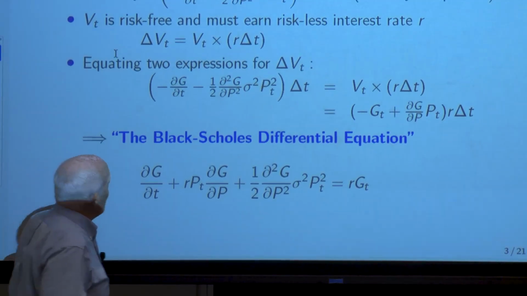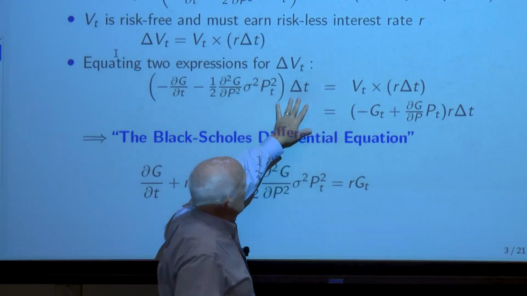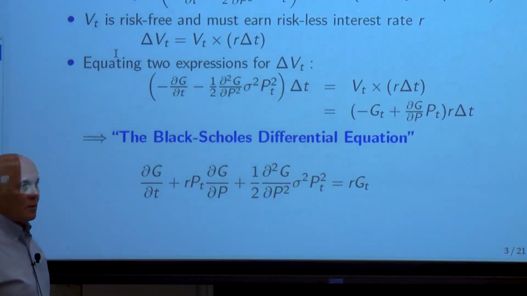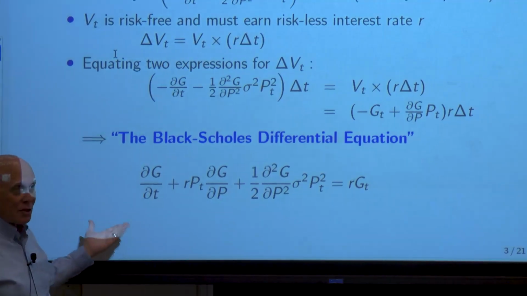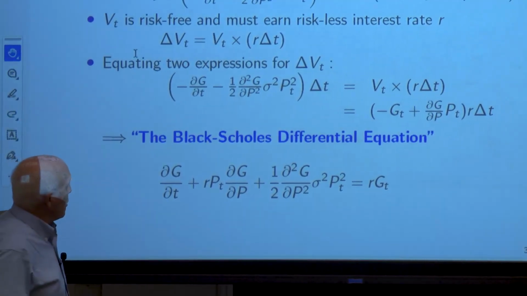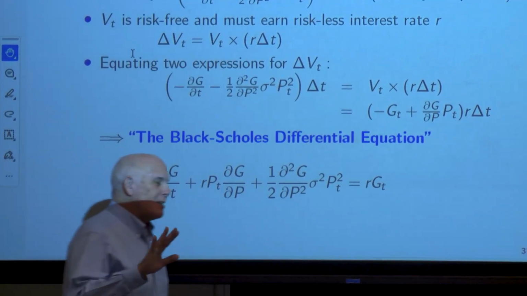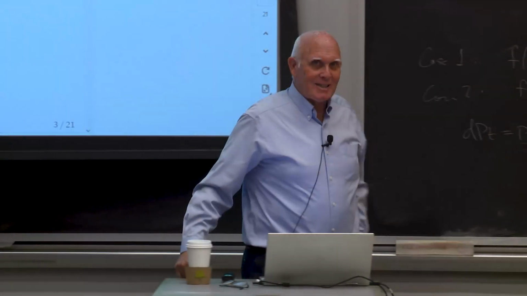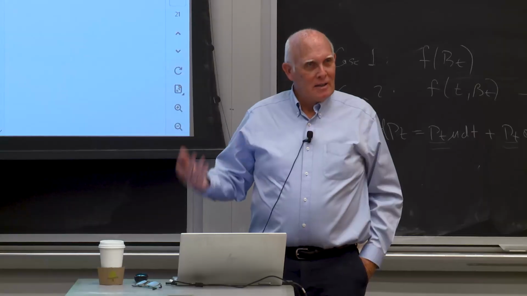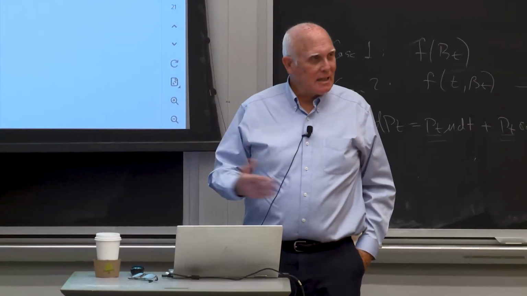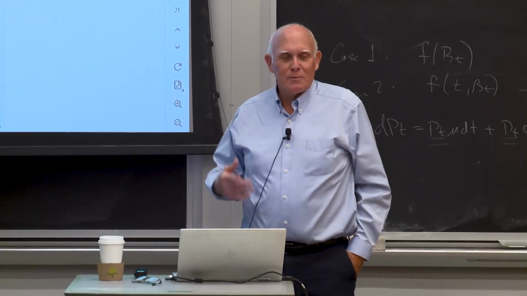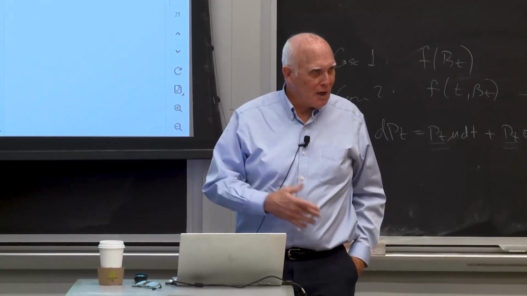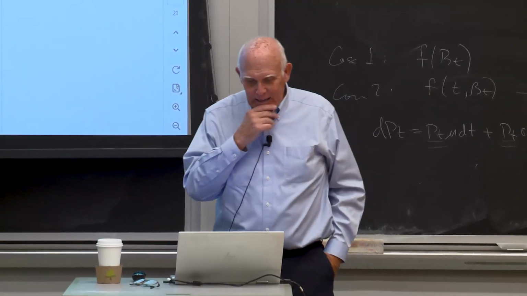So if we eliminate delta t from both sides, we get this formula, which is called the Black-Scholes differential equation. Now, what's really significant is that, at least when one studies Black-Scholes theory in finance classes, one thinks of call options and deriving their price, or put options through put-call parity.